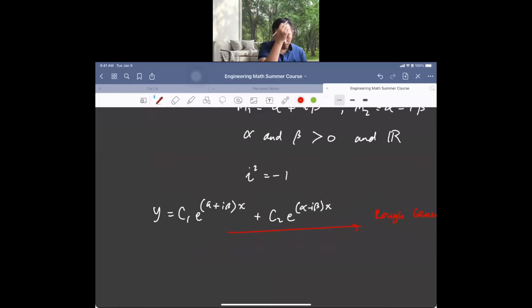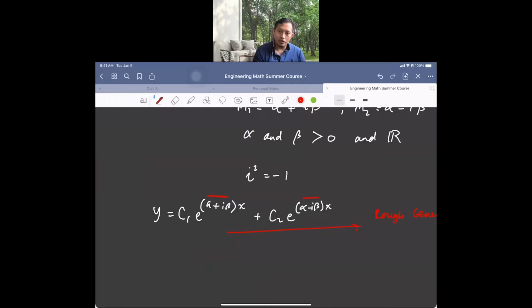But it's not really a practical way to work with, because we have a complex conjugate here, right? It's called complex. So we can try to manipulate this form and write it in a more practical way.